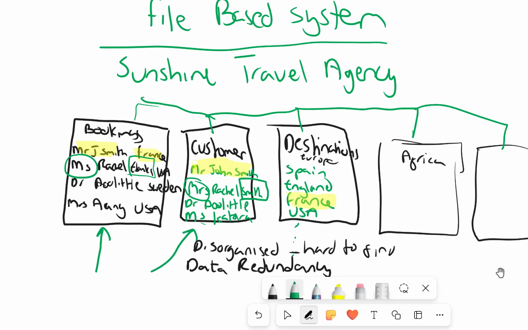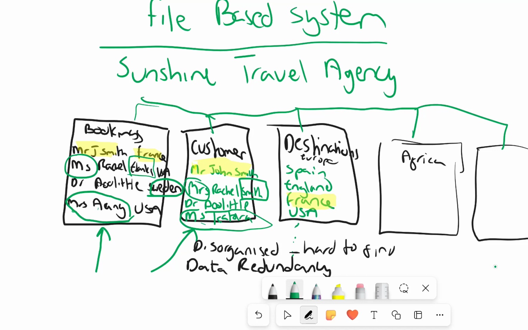It's the same with Miss Katara. Miss Katara got married to Joe Ang, or Ang. Joe Ang is now married to Mrs. Ang, so we need to update this, which has been updated, but this one has not been updated. It's still Miss Katara. We've also got an issue where we've got Sweden here, but we're not going to Sweden in our destinations, so we've got some inaccuracies there.